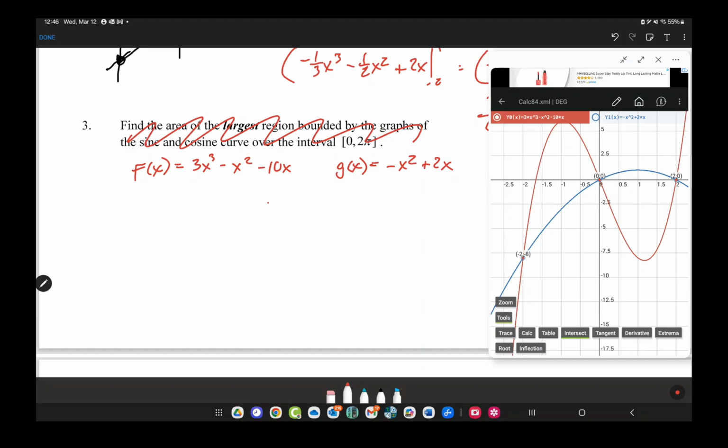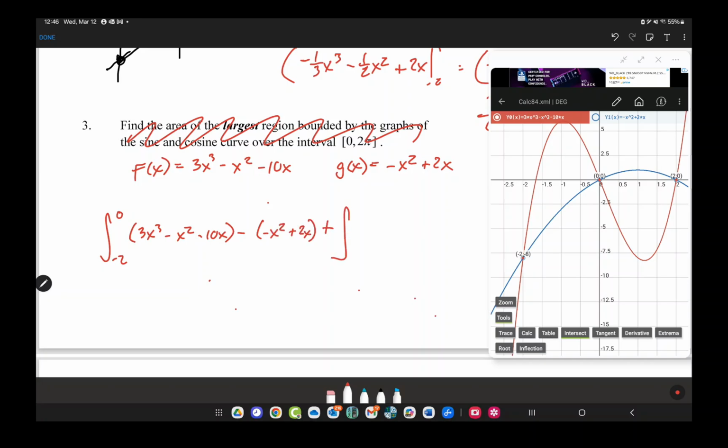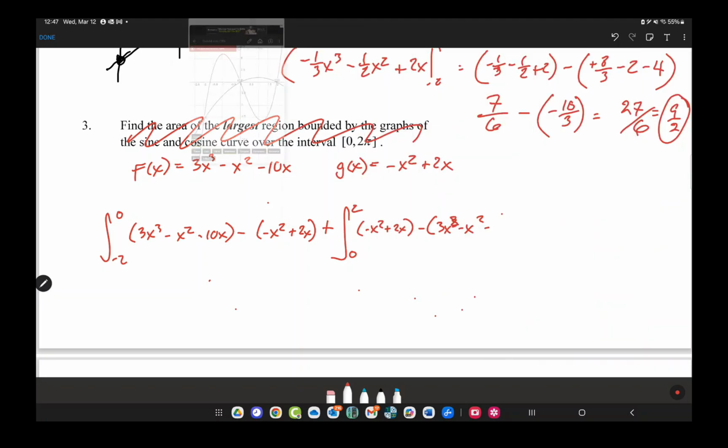For the first integral, I'm going to go from negative 2 to 0 of 3x cubed minus x squared minus 10x minus negative x squared plus 2x, plus, and on the second one, I'm going to go from 0 to 2 of negative x squared plus 2x minus 3x cubed minus x squared minus 10x, dx.